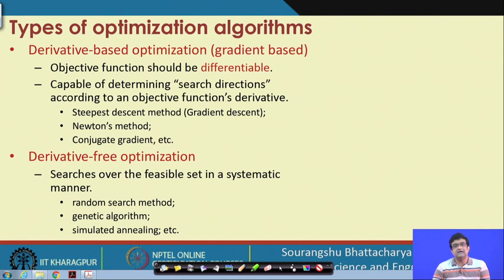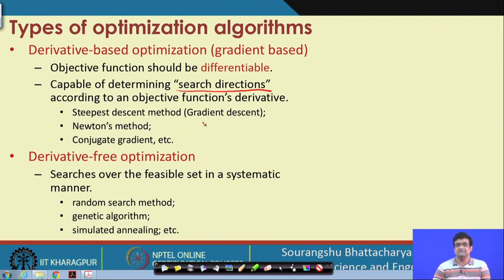In order to use this kind of optimization algorithm, the objective function should be differentiable, and in that case the algorithm is able to determine good search directions, that is, which direction to move according to the objective function's derivative. Examples of this kind of methods are steepest descent or gradient descent, Newton's method, conjugate gradient, etc.